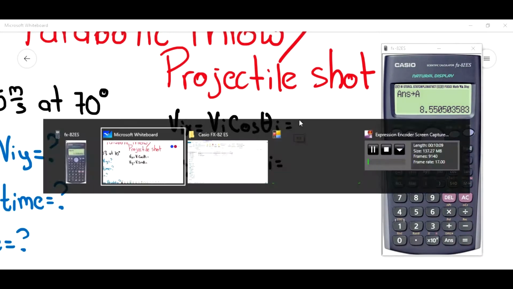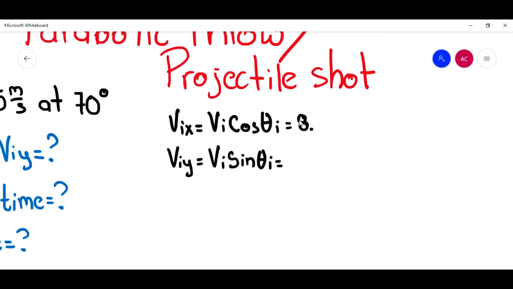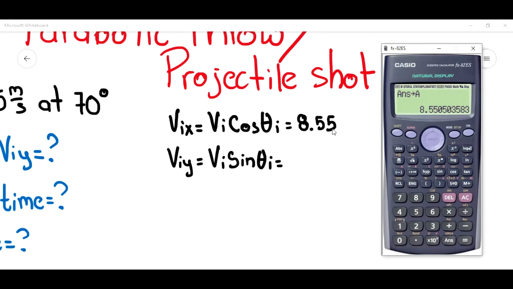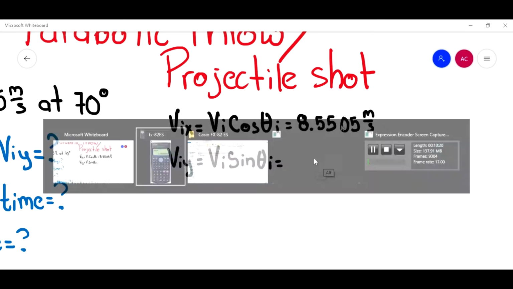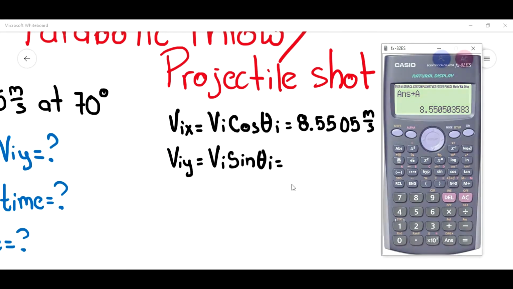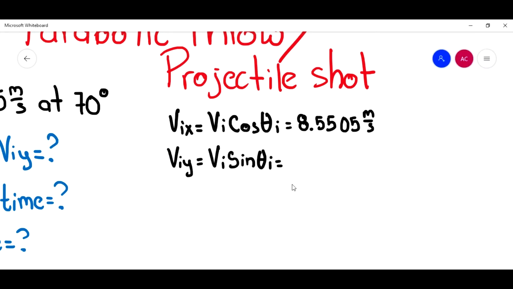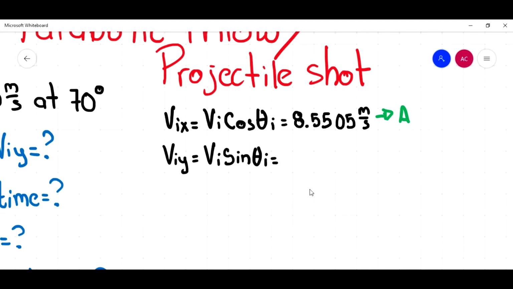That is 8.55 meters per second. I'm going to say that this is saved in the memory A of my calculator because I'm pretty sure that I'm going to use it again.